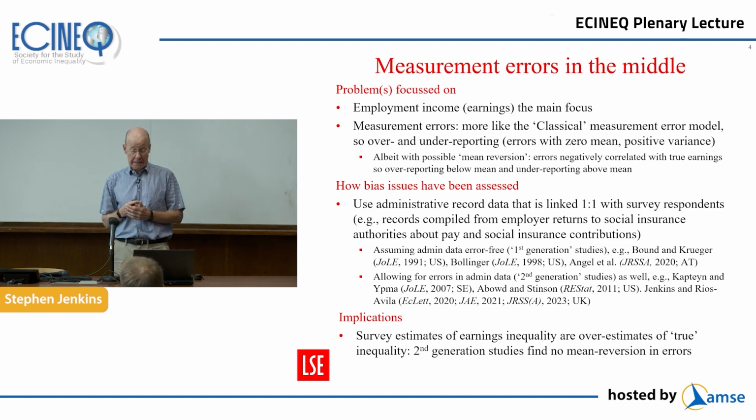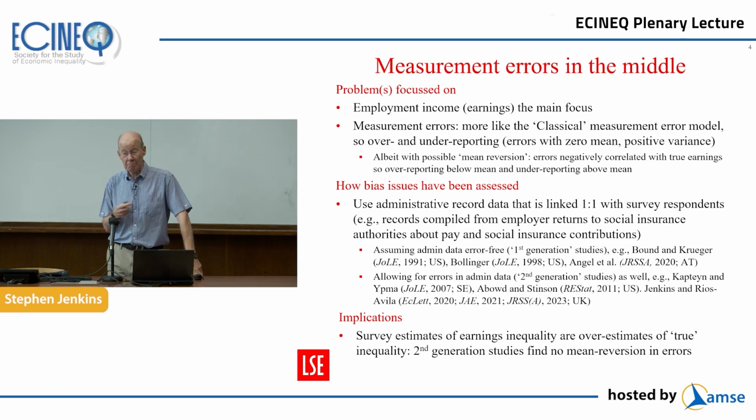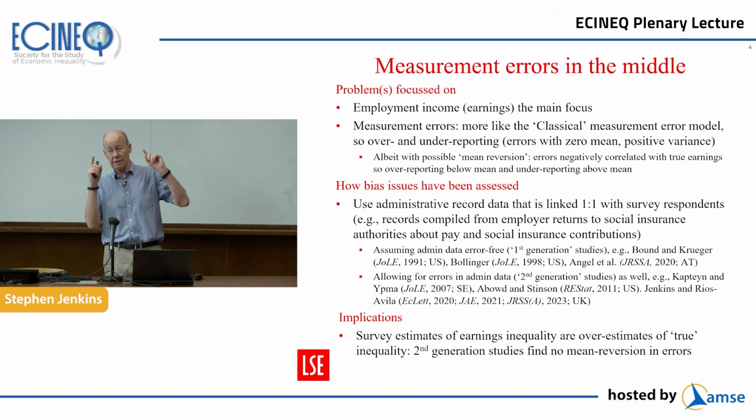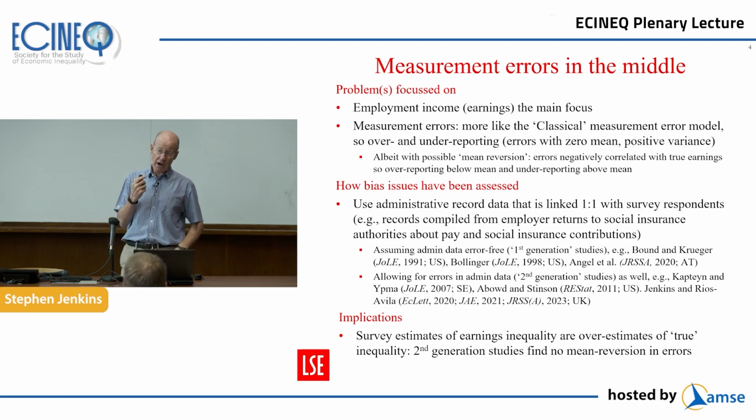There's a whole series of papers now moving beyond the first generation studies, which are pretty much all for the US, with one exception, Austria, but a small number of studies for a range of countries. For example, Fernando Rios-Avila and I have a series of papers exploiting a particular instance in the UK where we could do this one-to-one linkage. And what do we find?